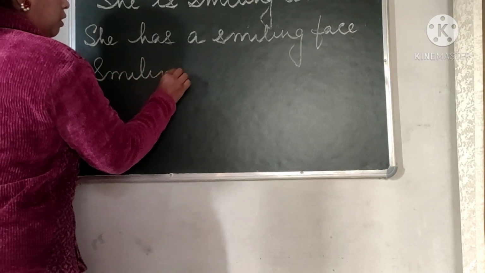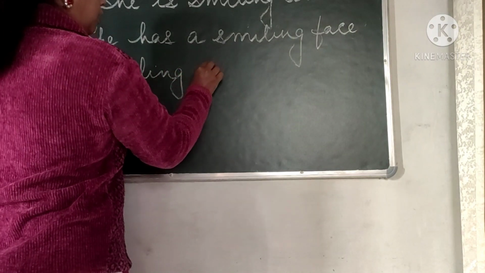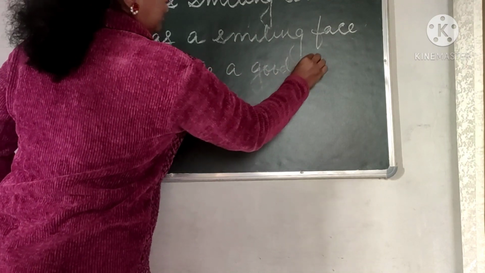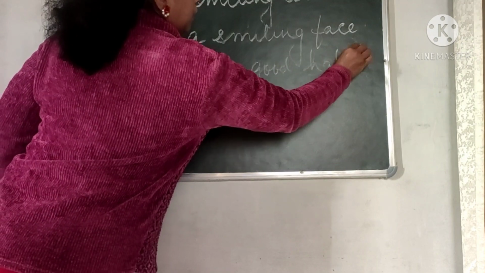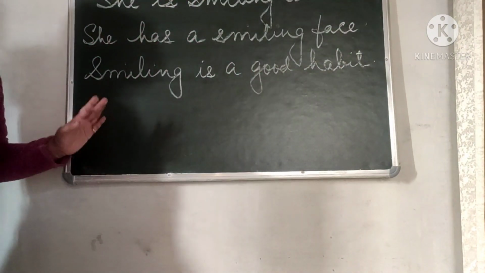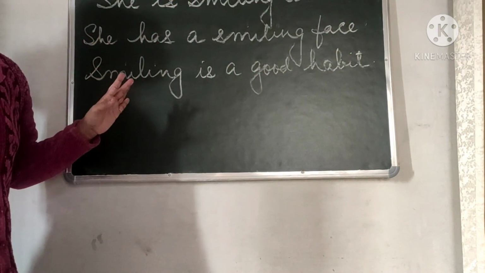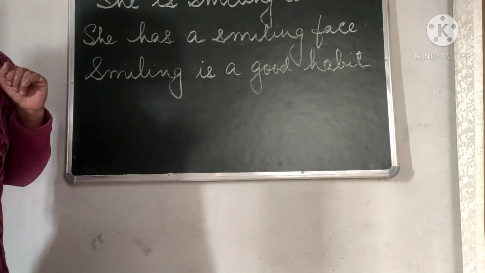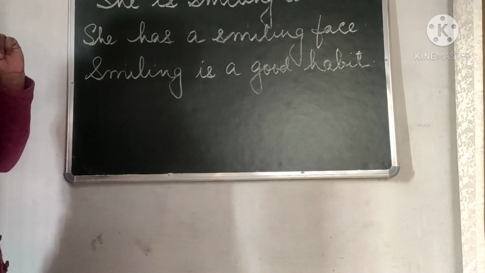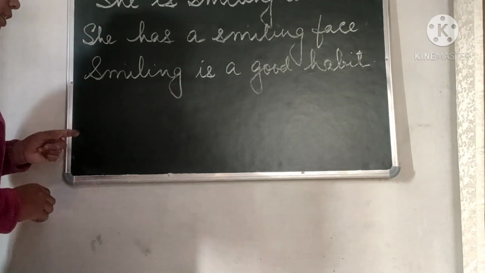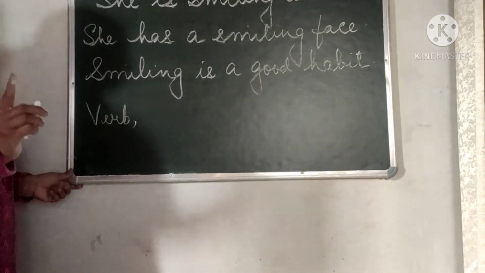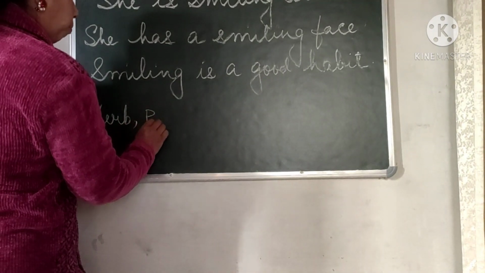Smiling is a good habit. Now you see, I have framed three types of sentences using the word smile. Now how do we identify that? In the first I will be identifying it as the verb. In the second I will be identifying it as my present participle.